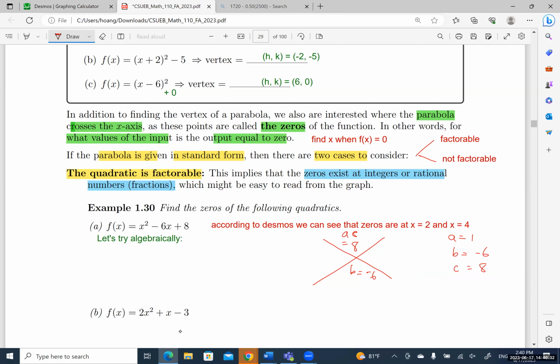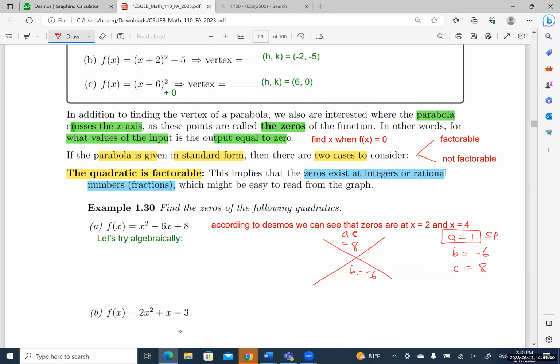Keep in mind that if you have A equal to 1, I'm going to call it a special case that you don't have to split it out from 3 terms to 4 terms, but I'll explain more later. Now you have A times C is 8 and B equal to -6.